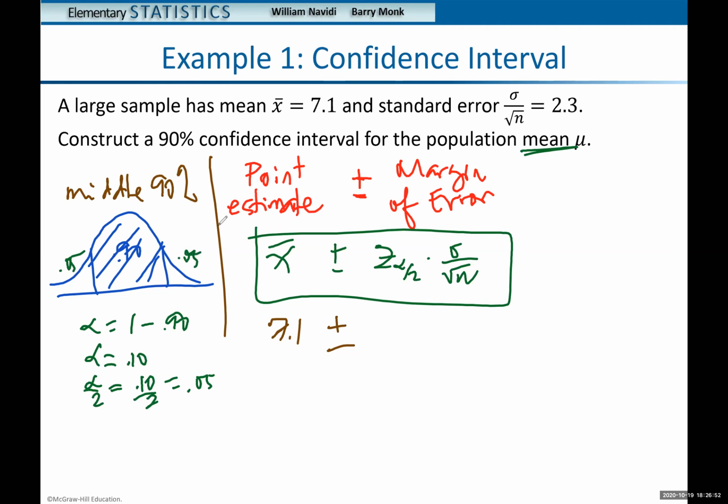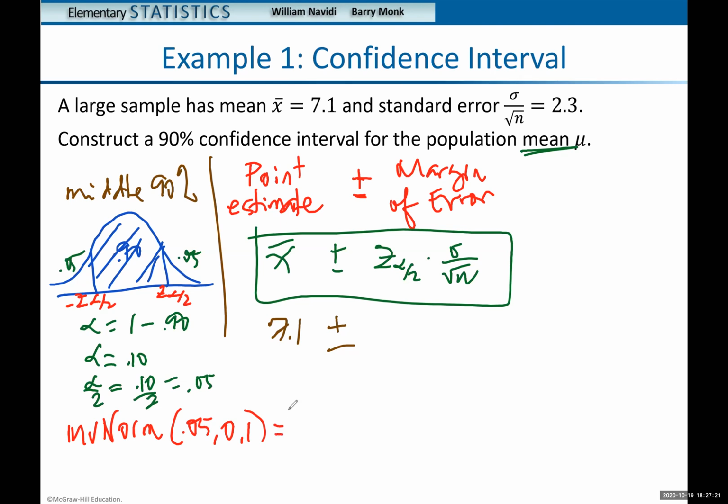So that's your z alpha over 2. This is also your z alpha over 2. This is negative. This is positive. Like what we did earlier, all you have to do here is inverse norm. So this is inverse norm of 0.05. What is the answer?